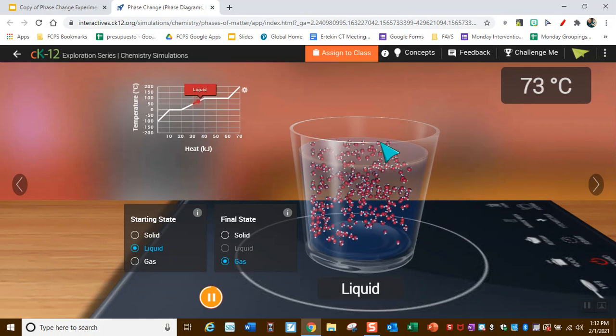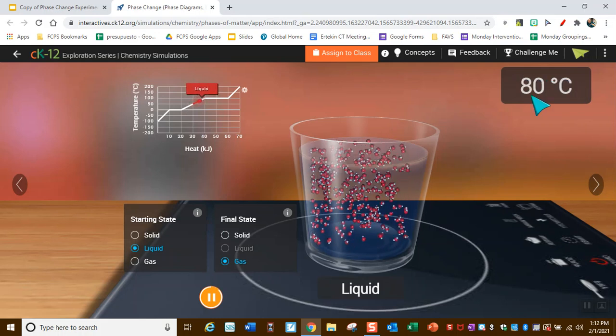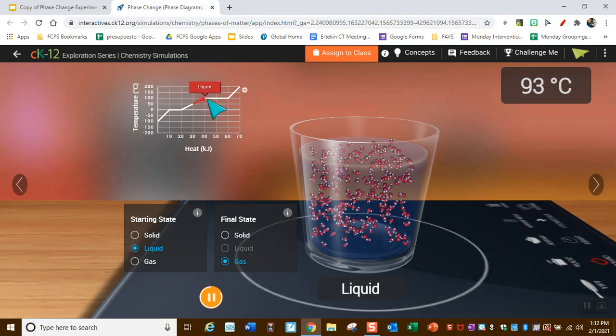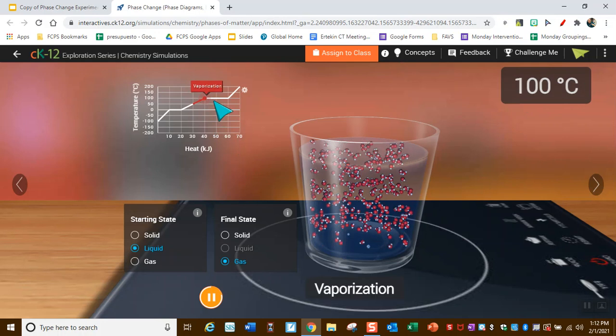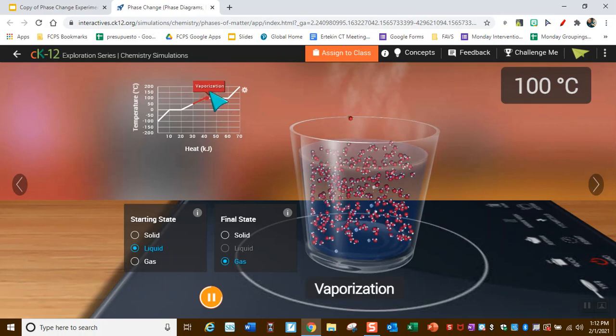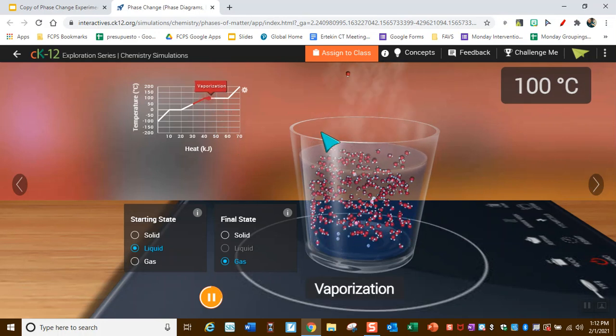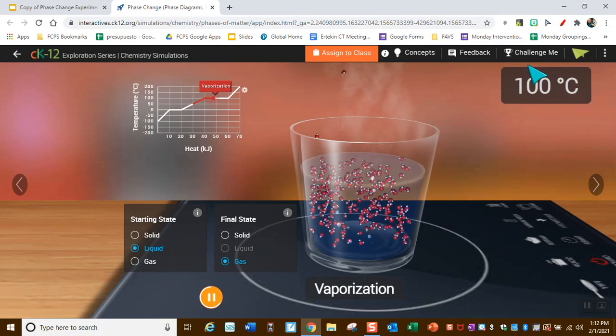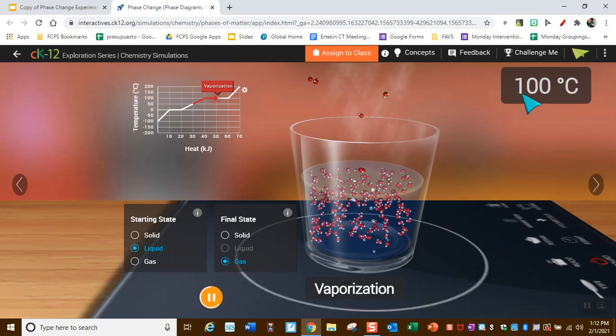It's moving faster. The temperature is increasing. The line's going to be flat right now. What's going to happen? Vaporization. Ooh. This is vaporization. And look, the temperature is not changing.